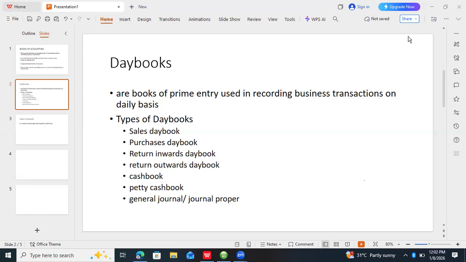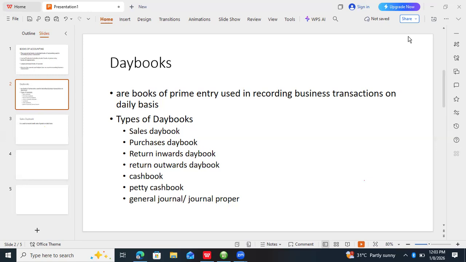I want to believe we all know what a return invoice is as far as accounting is concerned. When you sell goods and your customers return it back to the business. So return inwards day book is used to record the goods that are returned back to the business by customers on daily basis.